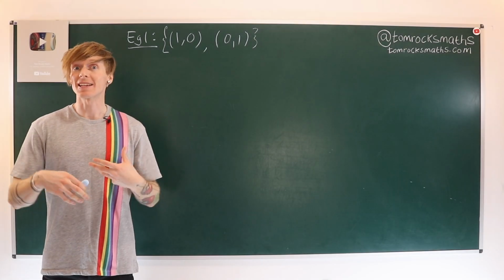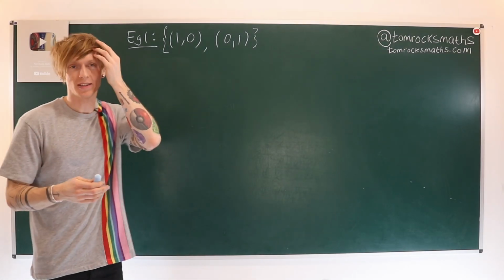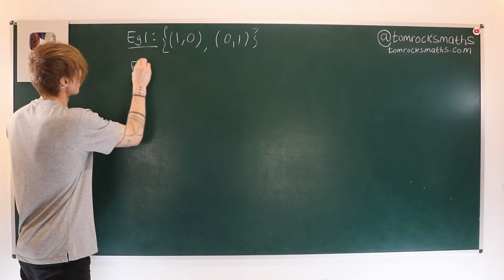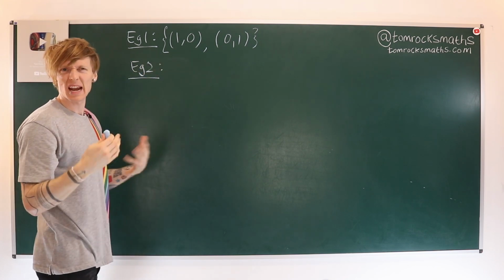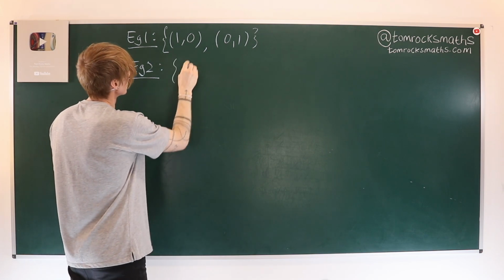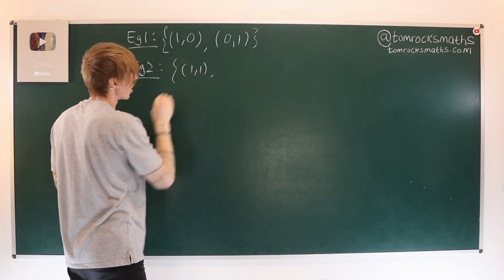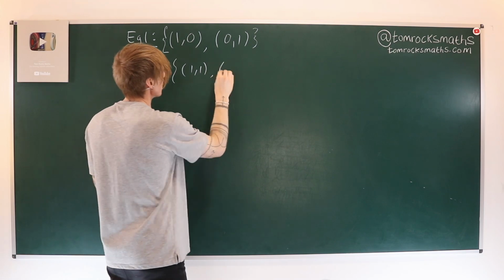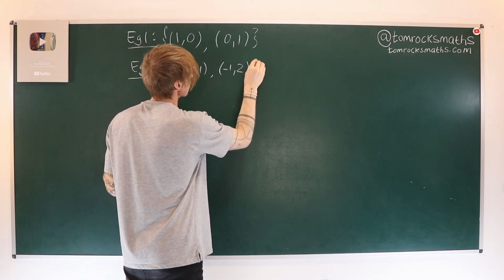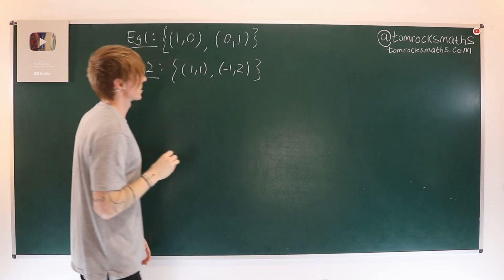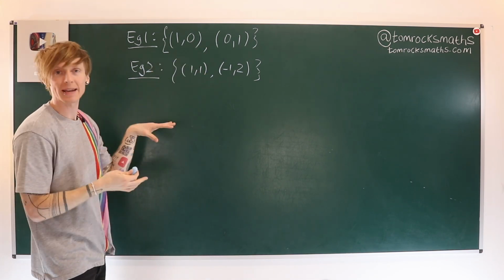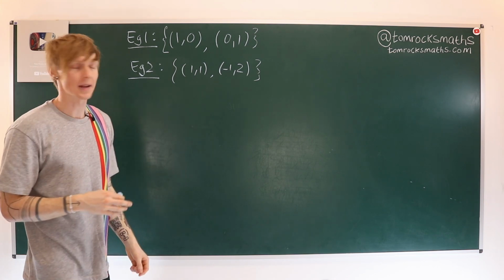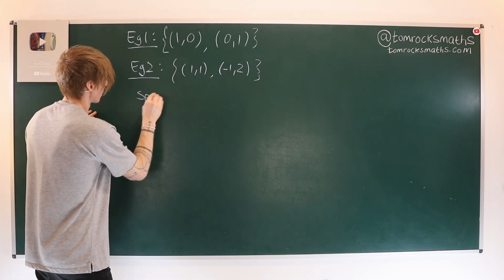Now let's consider a second set of vectors. For our second example, still thinking about the xy plane, suppose we had the two vectors (1, 1) and (-1, 2). Then we want to know, first of all, does this span? Is this a spanning set for the Cartesian plane?